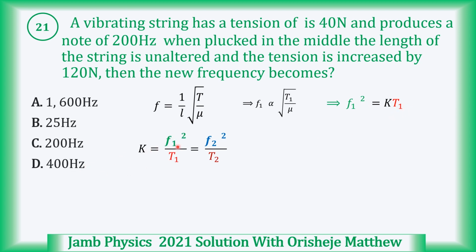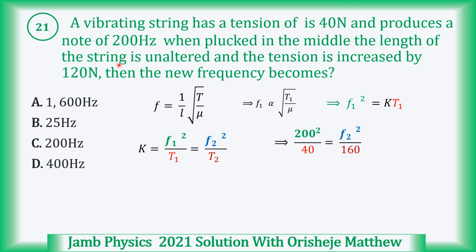So if you look at the two situations, F1 squared over T1 is equal to F2 squared over T2, where T2 is the tension for the second condition and T1 the tension for the first condition. Substituting the parameters given to us, we have 200 Hz when the tension was 40.